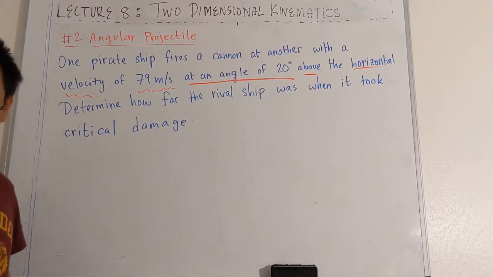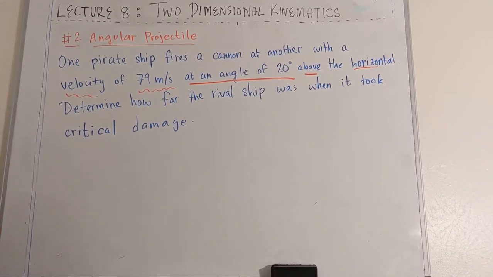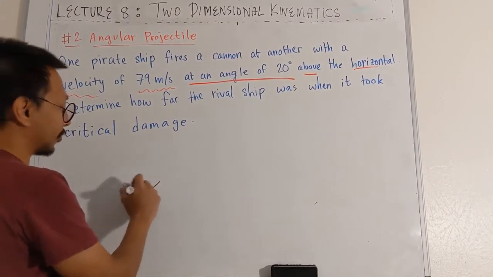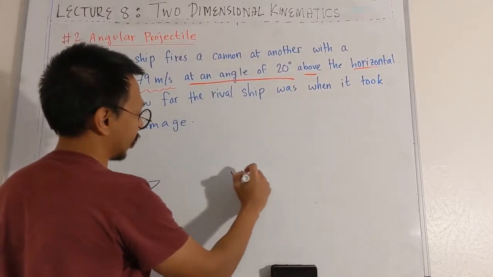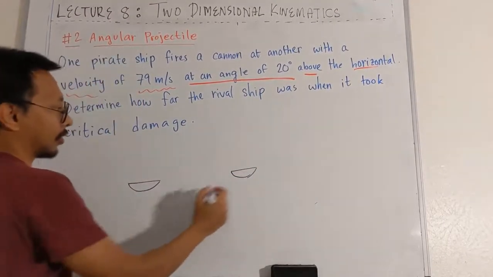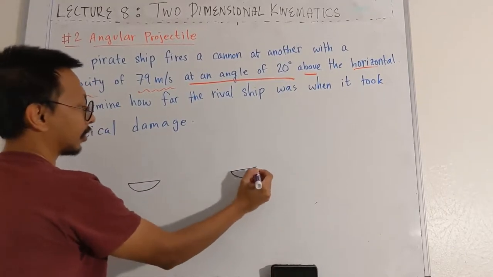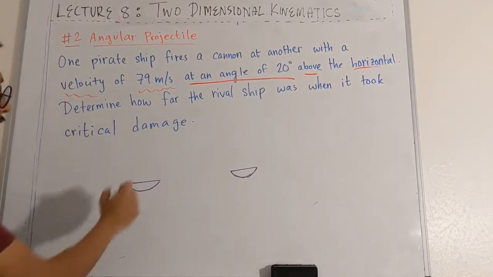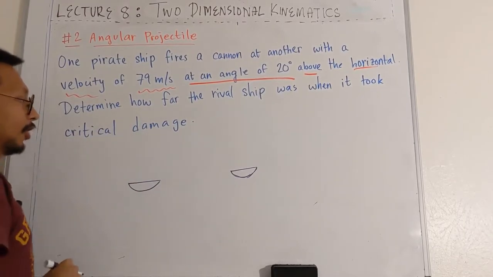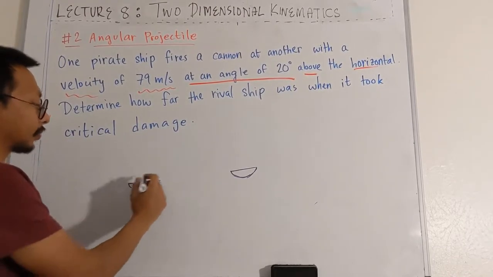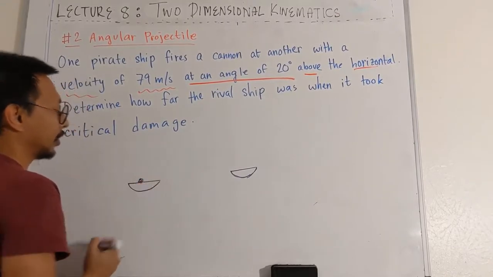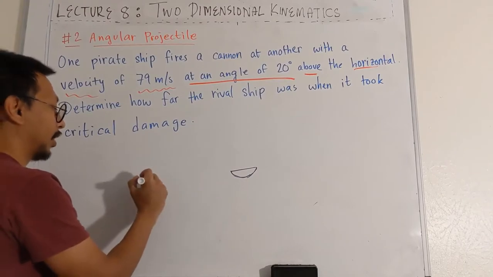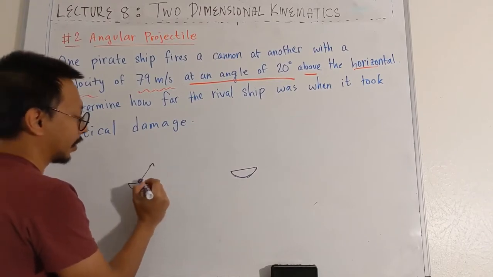Again, first and foremost, we'll draw out a simple diagram to make our lives easier. Let's say we have two pirate ships, this one here and this one here. It doesn't look like pirate ships, it looks like a smiley face emoji with two eyes, but let's not go there. One fires a cannonball at the other. Let's say this is the cannonball and it is fired. This is the horizontal.